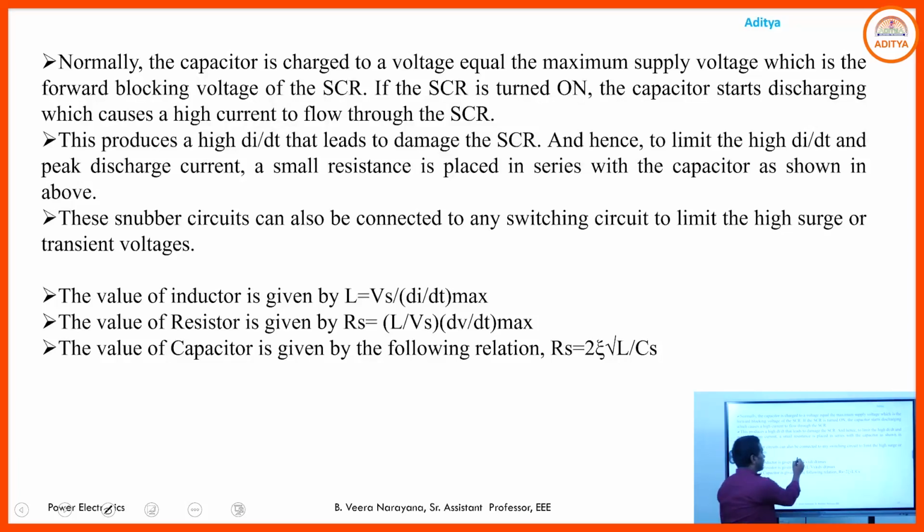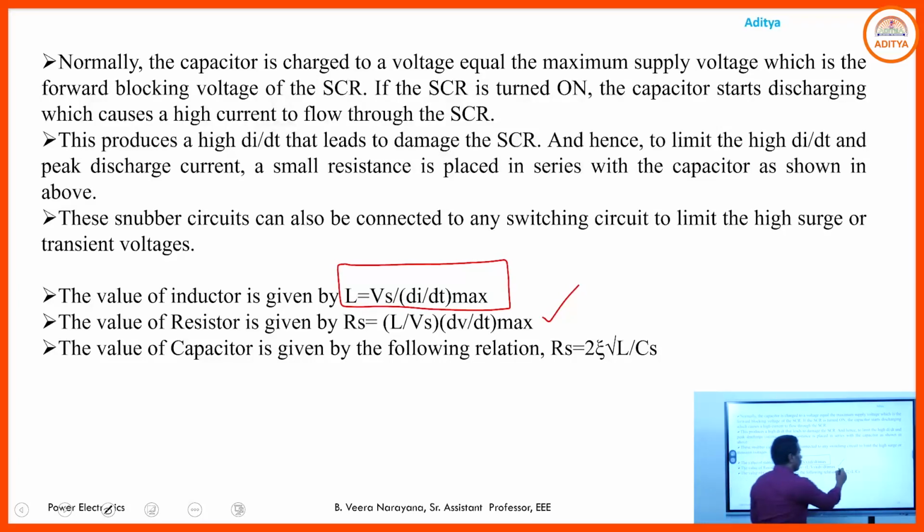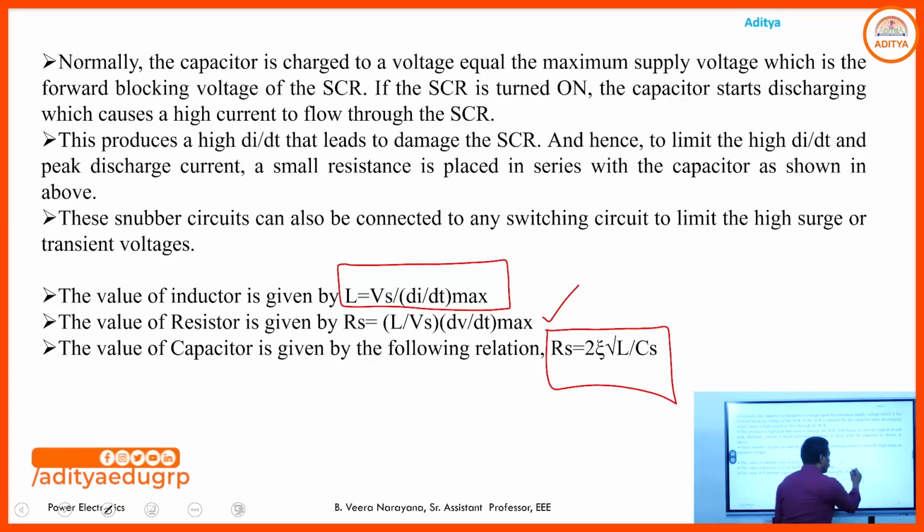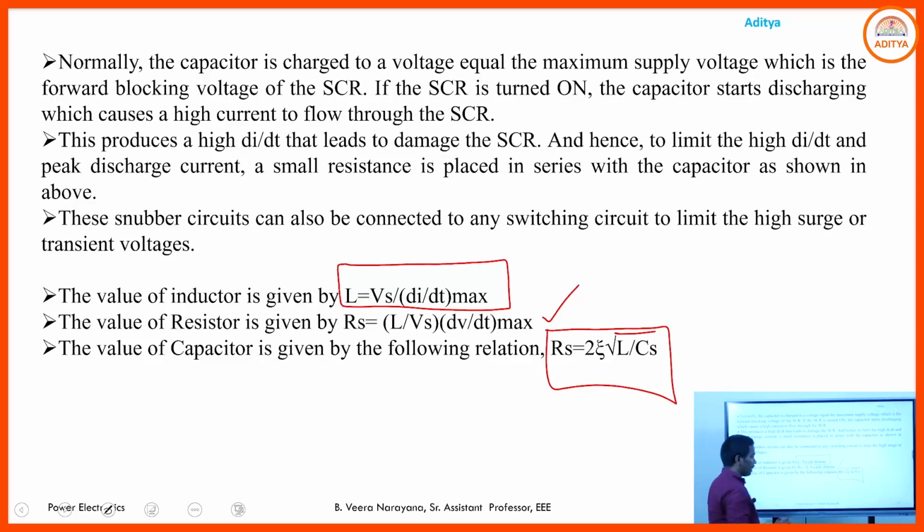The value of the inductor is given by L is equal to Vs divided by di by dt maximum, and the value of the resistance is given by Rs is equal to Vs divided by di by dt maximum, and the value of the capacitance is found by using the relation Rs is equal to 2 zeta into root of L by Cs.